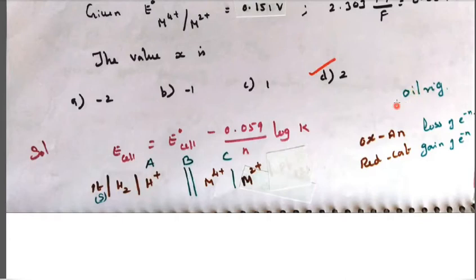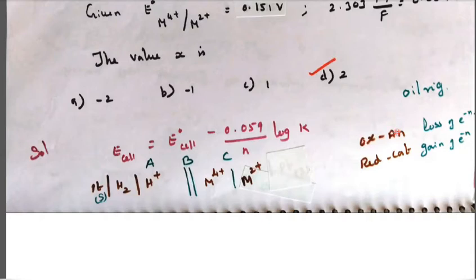OIL RIG: oxidation is loss of electrons, reduction is gain of electrons. So OIL is oxidation, loss of electrons, and RIG is reduction, gain of electrons. Remember also: Ox-An, Red-Cat.